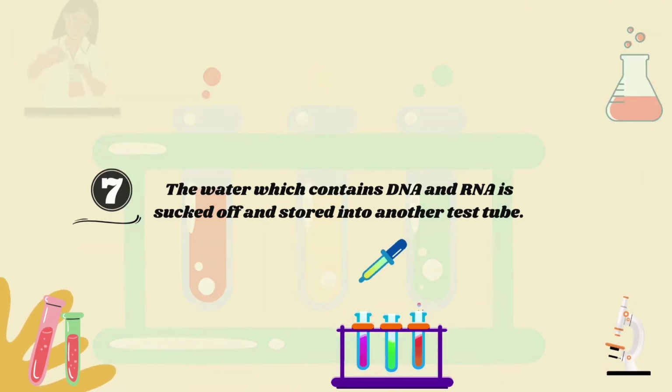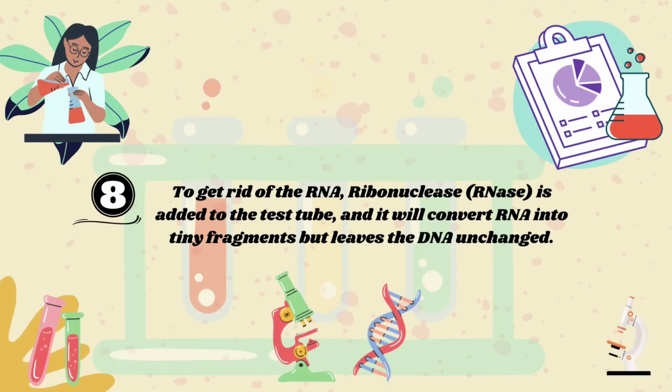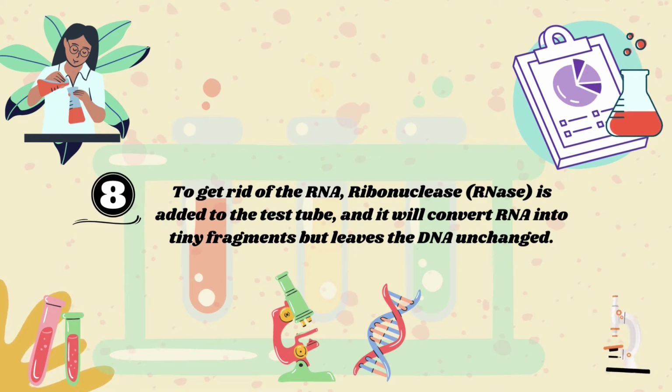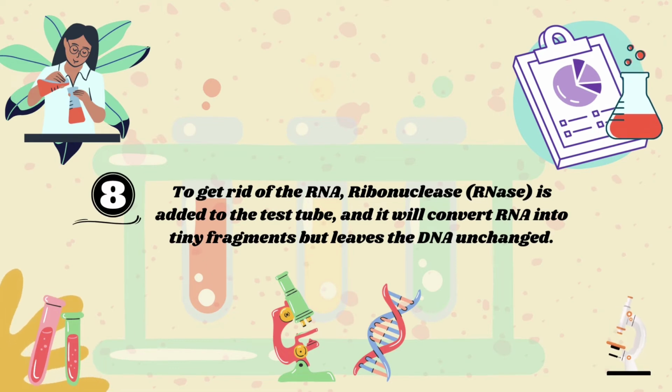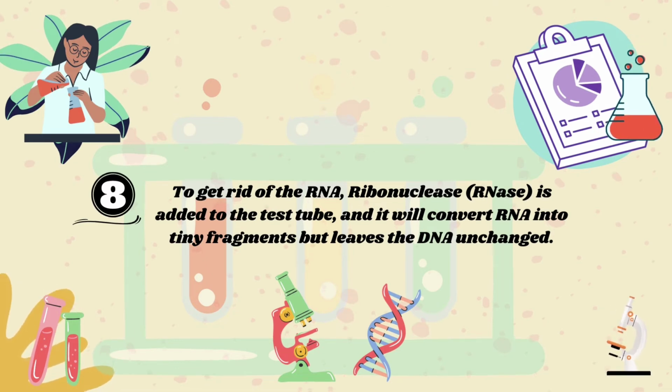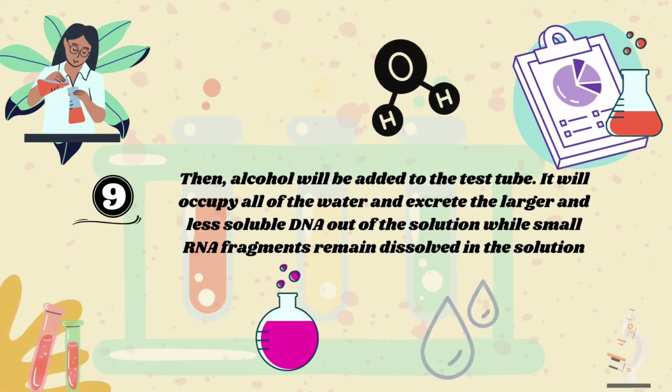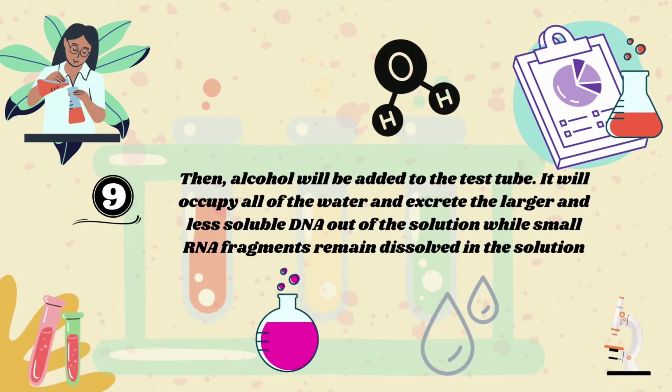into another test tube. To get rid of the RNA, ribonuclease is added to the test tube, and it will convert RNA into tiny fragments but leave the DNA unchanged. Then, alcohol will be added to the test tube.